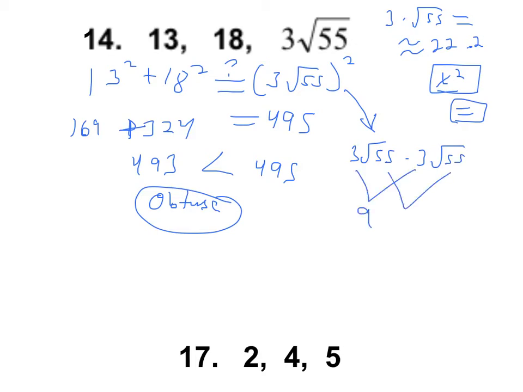The square root 55 times square root 55 equals 55. So really, you're just doing 9 times 55, and it equals 495. So use your calculator to help you out, but realize that you shouldn't have to do this in order to come up with 495. You should be able to come up with 495 just using what we've learned before.